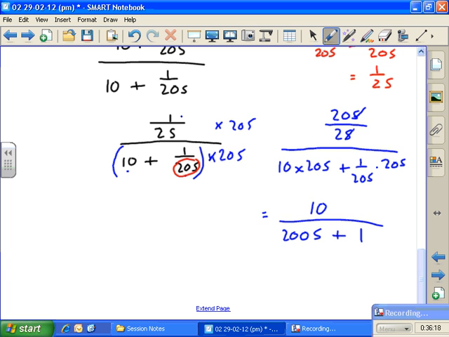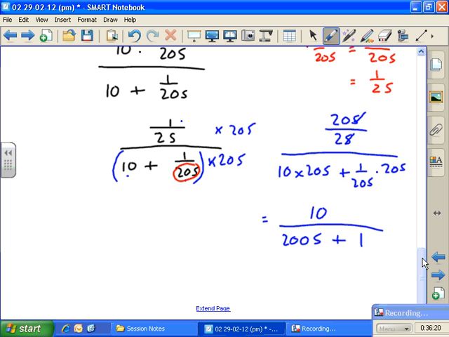And that suddenly looks much more usable. We've got something like s plus 1 on the bottom. It's not 2s times 20, it's 1 over 2s times 20s. So that becomes 20s over 2s on the top. So the s's cancel.